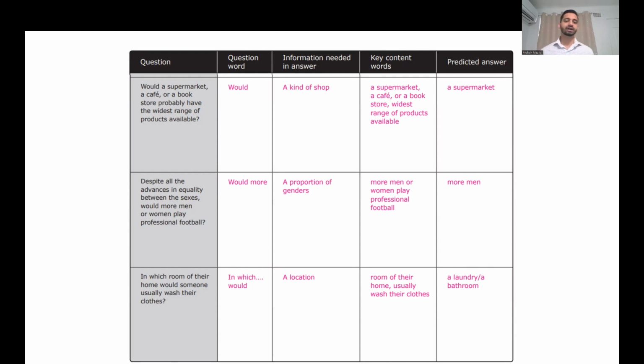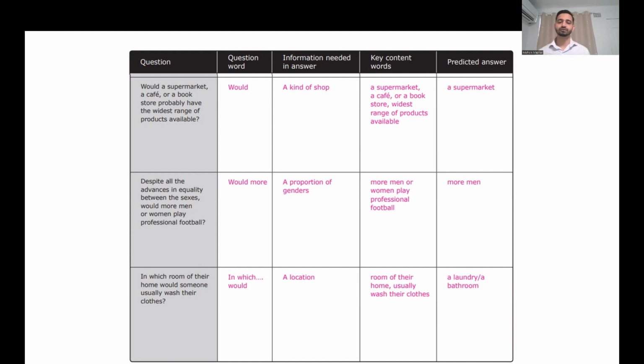Okay, despite all advances in equality between the sexes, would more men or women play professional football? Obviously it's giving you two options, and the question word here is would more, right? The information needed is basically a proportion of genders, either men or women. And then the keywords are more men or women play professional football.